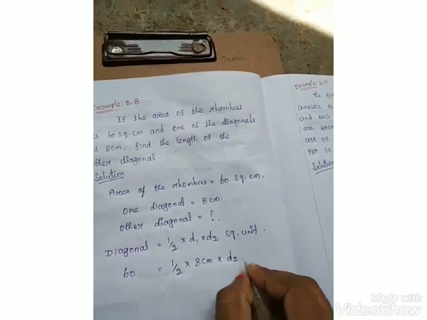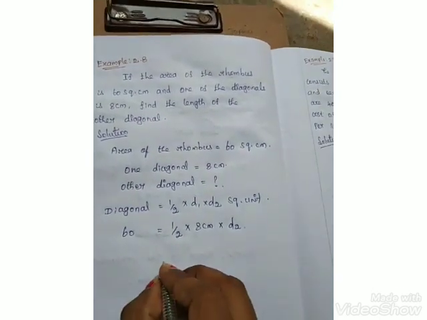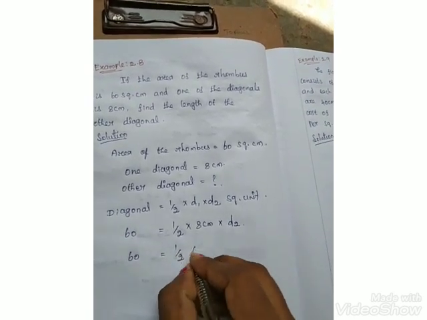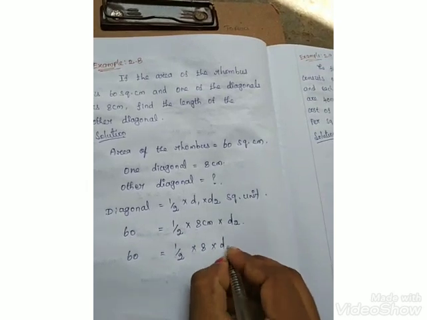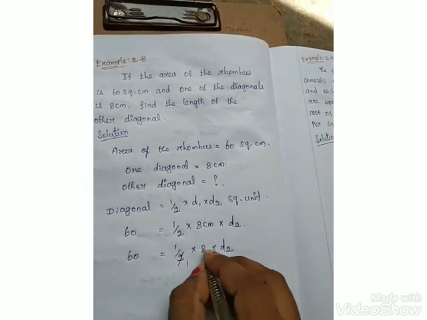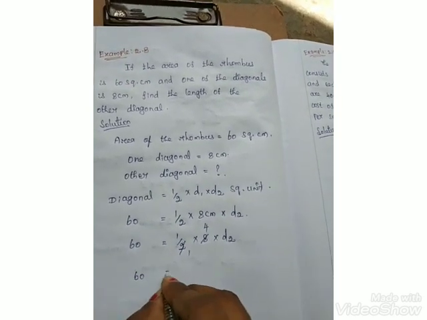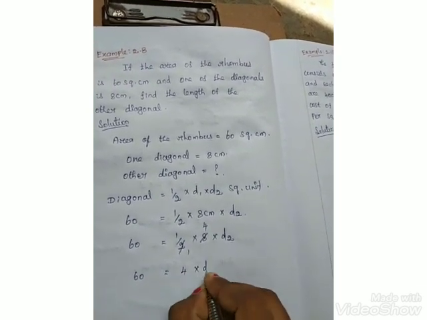So d2. Okay. So 60 is equal to half into 8 into d2. 1 2s are 2, 4 2s are 8. So 60 is equal to 4 into d2.